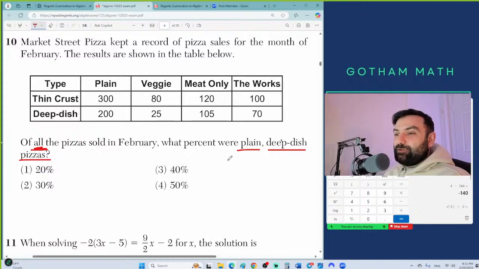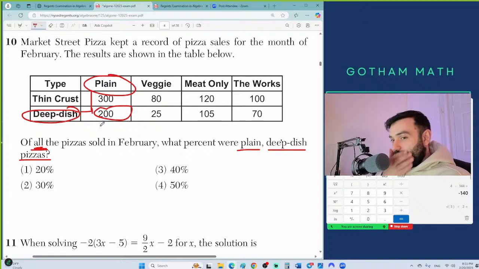So we look for plain and deep dish, and where they intersect is 200. So it's going to be 200 over something. Over what? Over all pizzas.